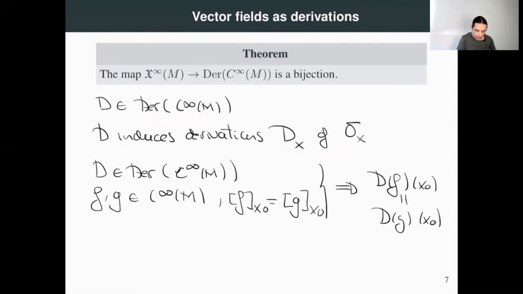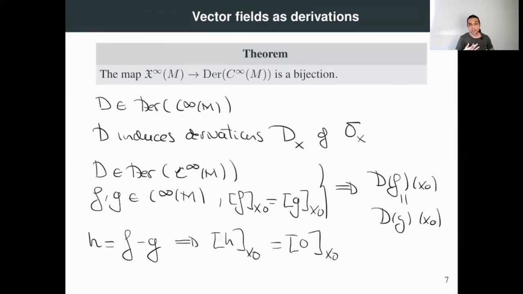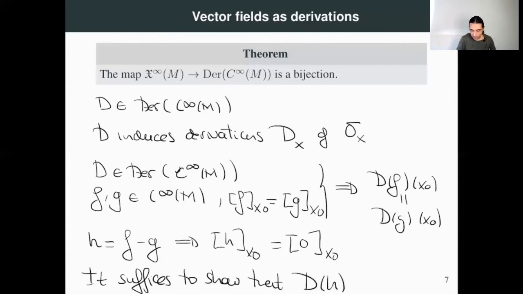Okay, so we can consider h, which is the difference between f and g, right? And what we get is that the germ of h at x0 is equal to the germ of the zero function. Since D is linear, D applied to the zero function is going to be just 0, so it suffices to show that the derivation applied to h is equal to 0 at the point x0.